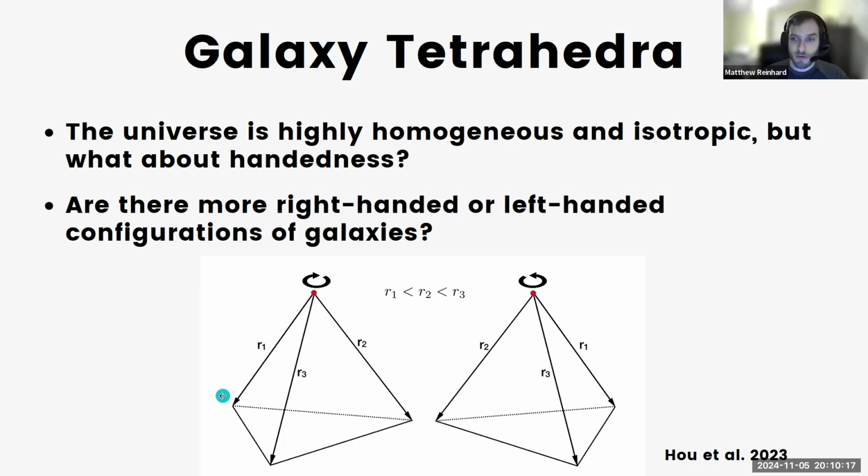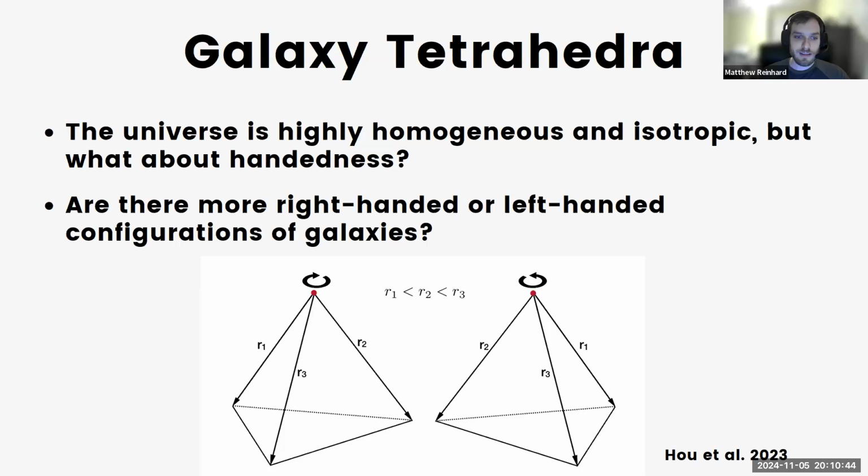And now we see that we build a tetrahedron with a galaxy at each corner. If we trace around this tetrahedron from R1 to R2 to R3, we see that we move in a clockwise fashion. But now if we look at the mirror reflection of this tetrahedron on the right here, and we trace around it from R1 to R2 to R3, we move in a counterclockwise fashion.